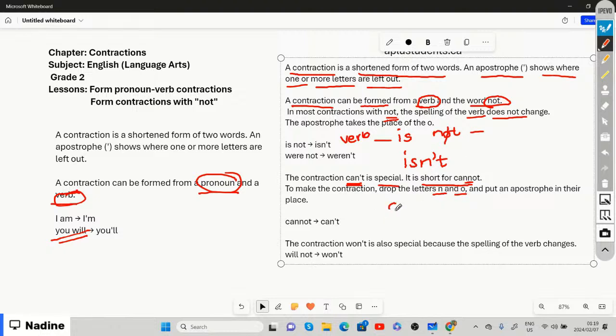So we have cannot, and we need to get to the word can't. It means that we're going to drop the N, drop the O, bring down these letters, which is can, apostrophe, can't.